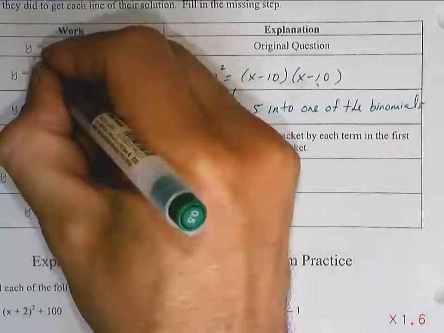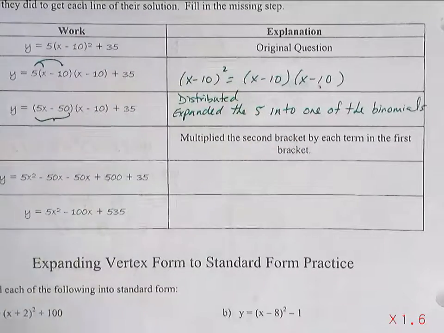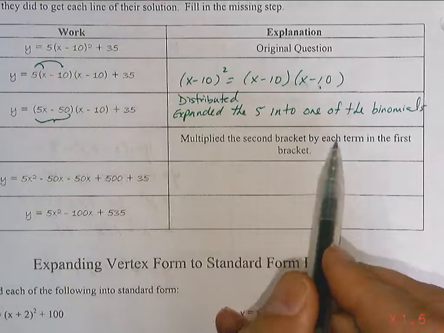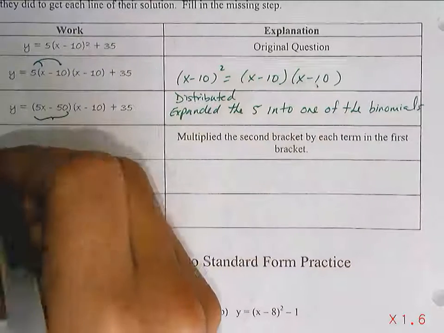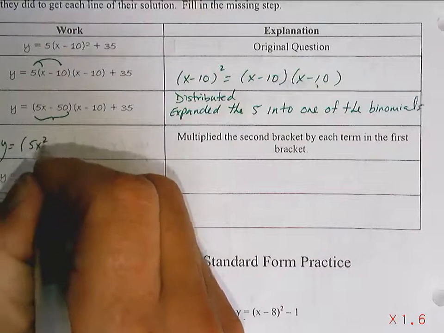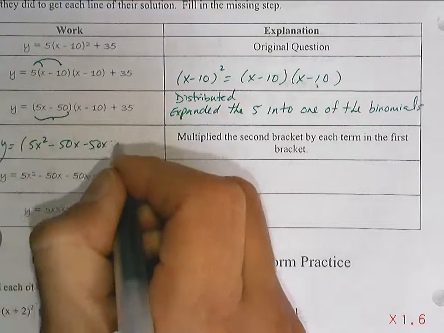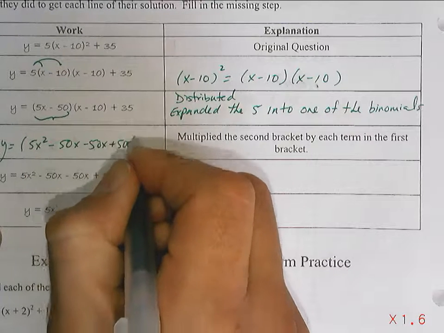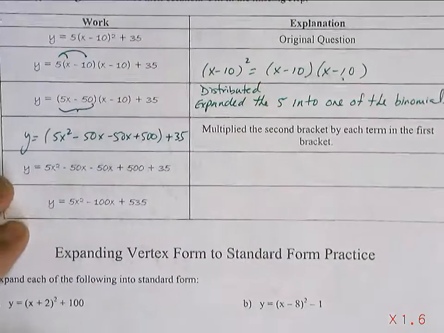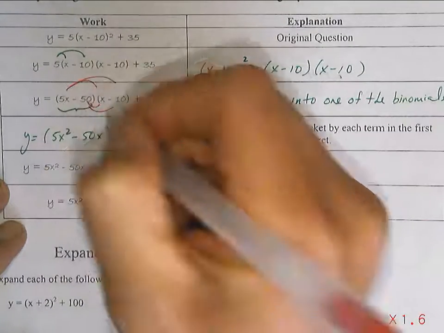So we took that 5 and it went in to give me this. So I multiply the second bracket by each term in the first bracket. So that should look like this. So what I basically did was I took every term here and we expanded it out.